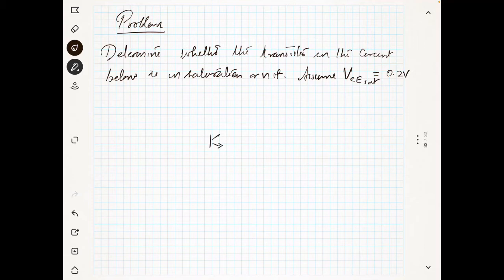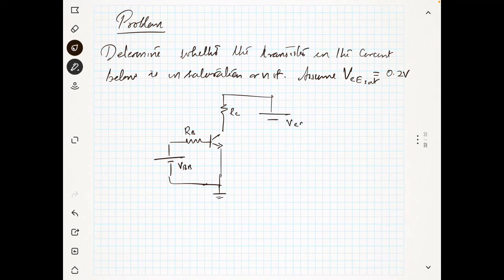Okay, so a circuit is given. So I will draw the circuit. You have a transistor circuit which has RB, VBB, and this is grounded, and you have RC here and VCC.